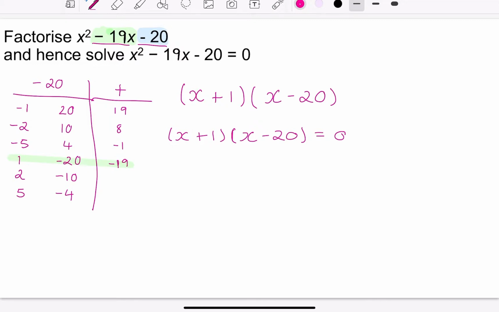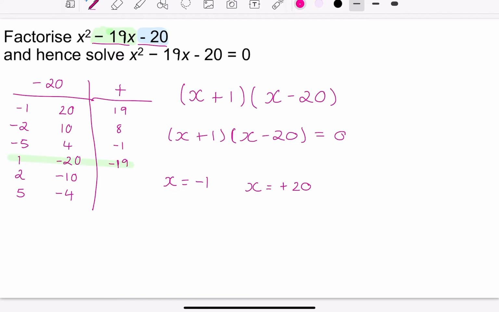The quick way, and a little bit of a cheats method if you're happy with these, is just to remember that whatever numbers you have inside, your answers are going to be that number with the opposite sign. So I have a positive 1, so one of my answers must be negative 1, and I have a negative 20, so one of my answers must be positive 20. You don't have to put the plus on positive 20, but you can for completeness if you wish.